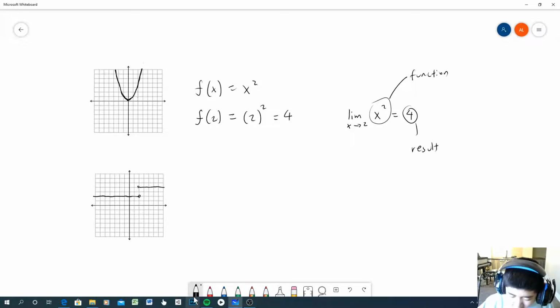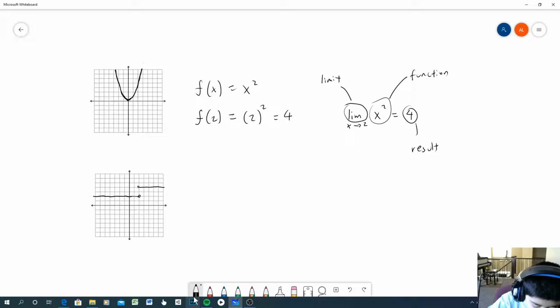Now, here comes the interesting part. This is what notifies this as a limit. So we're telling the person that this is a limit that we're taking here. And this is the part that says x is approaching 2. Let me tell you what it means.